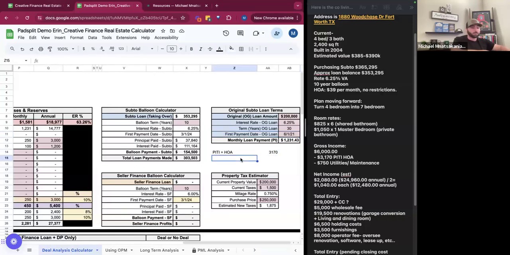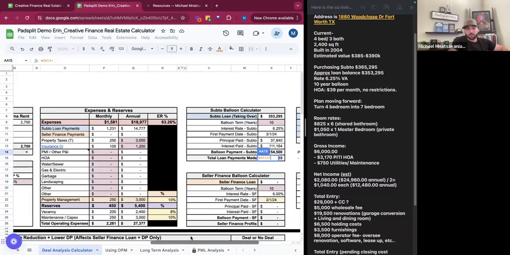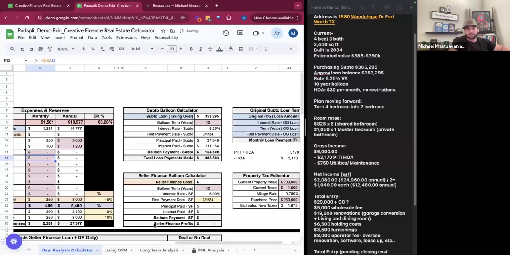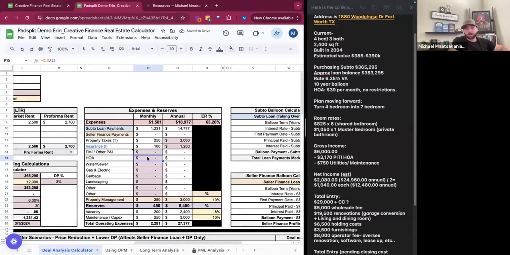We can subtract the HOA. They said the HOA is right here, 39 a month. So it's going to equal that 3170 minus the HOA amount.